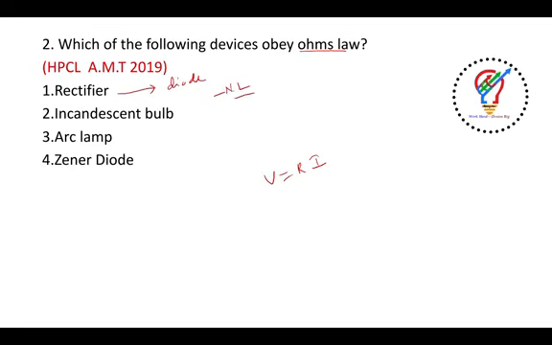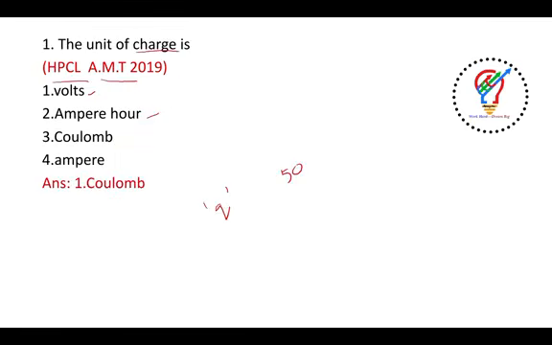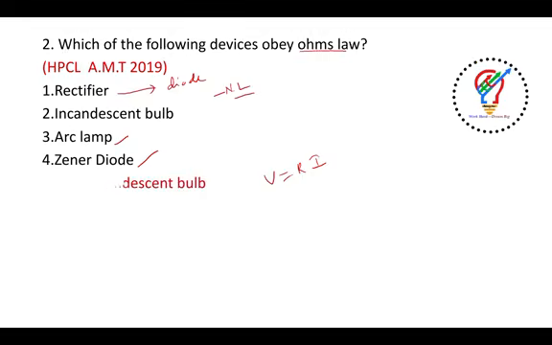The arc lamp is a non-linear device. Zener diode is a non-linear device. So incandescent lamp is a linear device. The answer here is incandescent lamp.